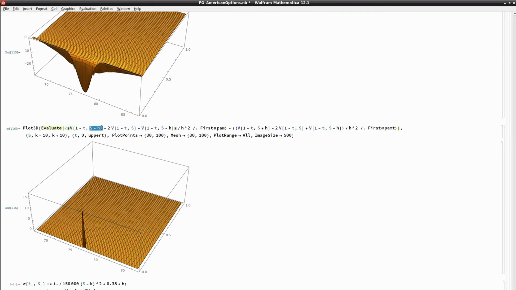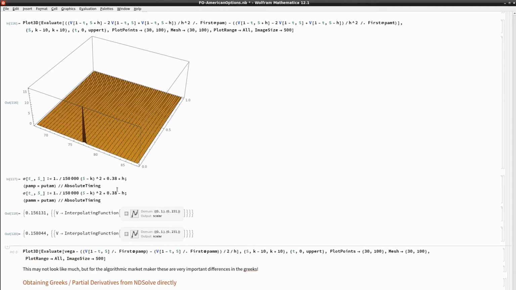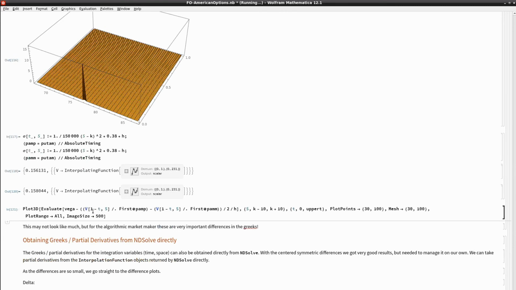We have s plus h minus 2 times f of s plus the expression for s minus h, divided by h squared. That was our gamma formula, and here we have our gamma spike. Okay, so in the next one, let's do it for the two-dimensional volatility for Vega, and then let's compare this as a difference.